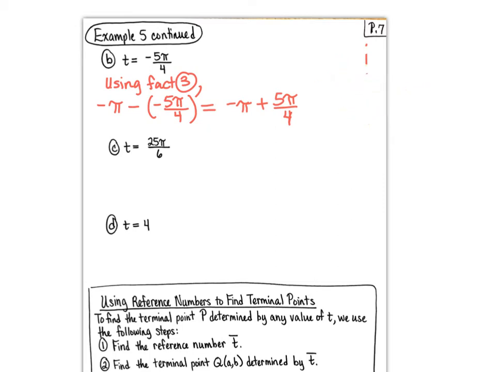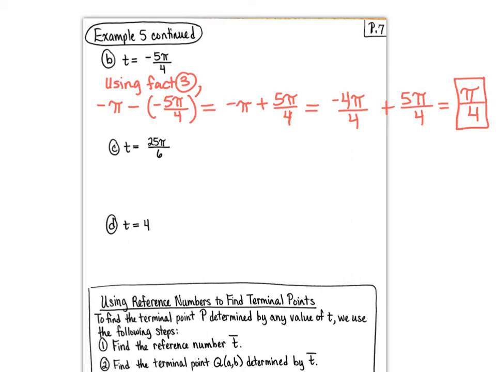And that needs more room, so I'm going to erase this. So that's negative 4 pi over 4 plus 5 pi over 4. That gives us what? Pi over 4, which makes sense, right? Because the reference angle belongs in quadrant 1.